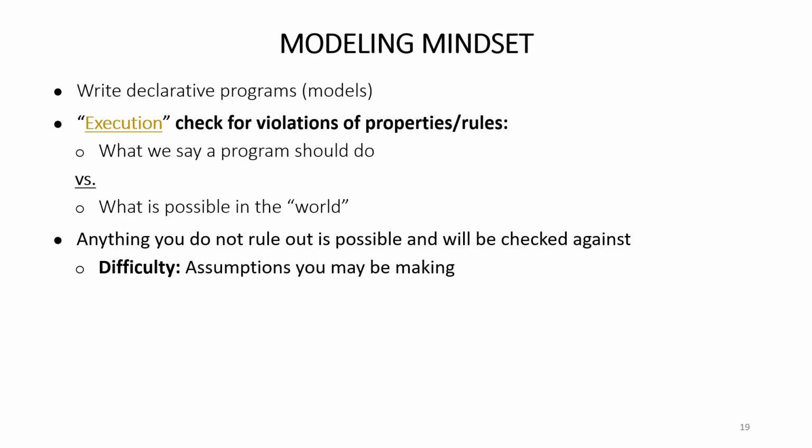Then the execution basically would be we say what the program should do, and what is possible in the world. So we basically check what we specified. There we said what the program should do versus what is possible in the world, with respect to the environment that we just described.